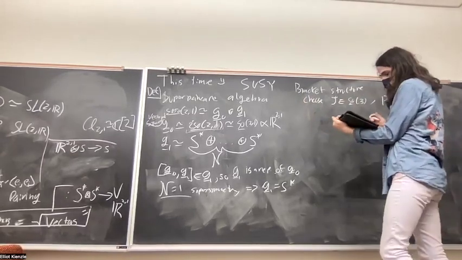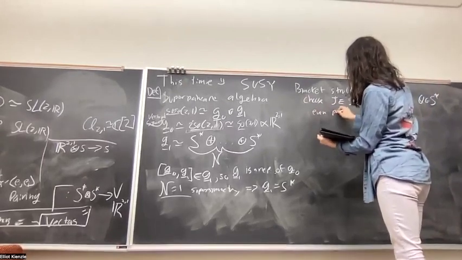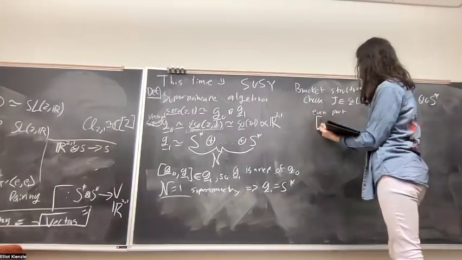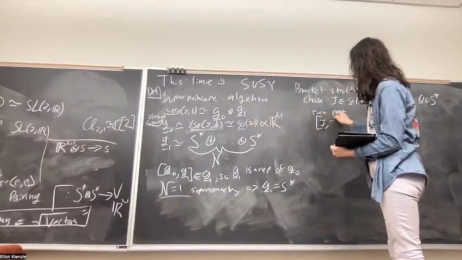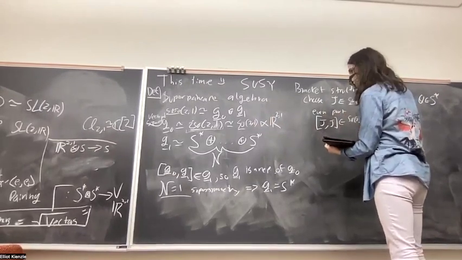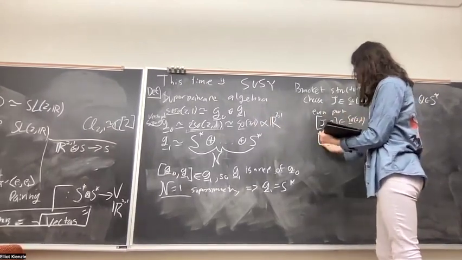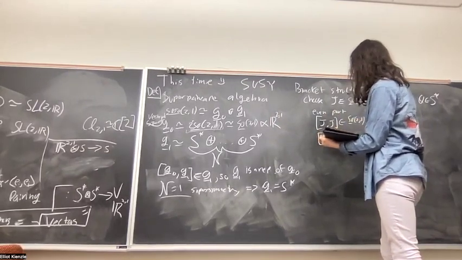First I'm going to describe the even part. SO3 stays within its own realm, so J is an element of SO(2,1). Rotations and translations mix.